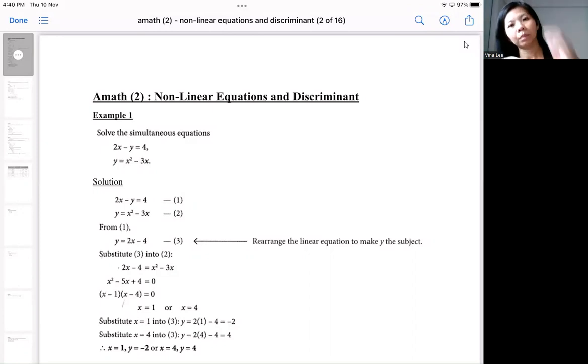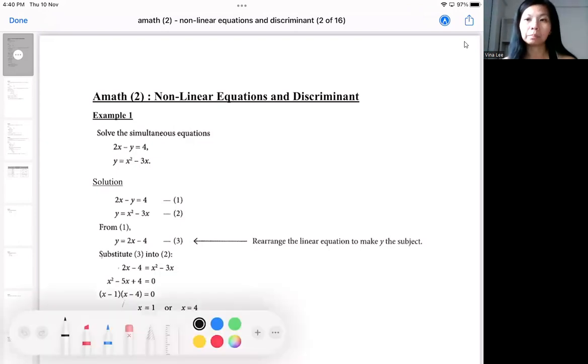In this section, the simultaneous equations that you're going to learn are not linear simultaneous equations. In Sec 2, you learned about linear simultaneous equations, which you usually do by elimination or substitution method. But right now, you will be faced with a linear equation and a non-linear equation.